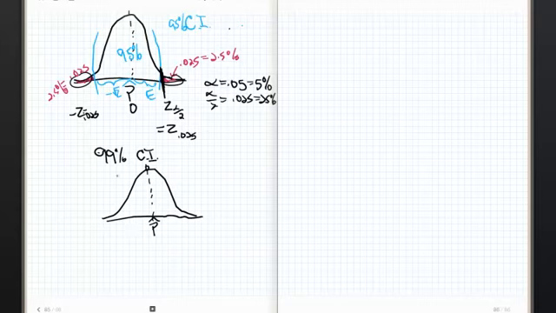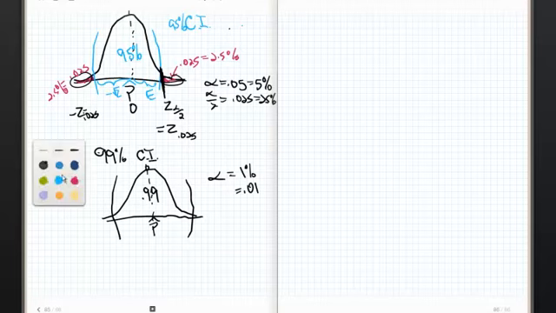Okay, now in this case, we carve out our 99%, right? So if this is 0.99 or 99%, then do you agree that the outside area is going to be 1%? So that is our alpha. We're going to call that alpha equals 1% or 0.01.